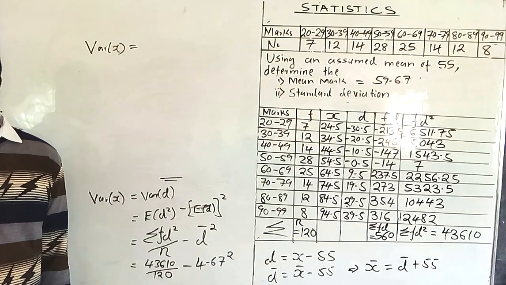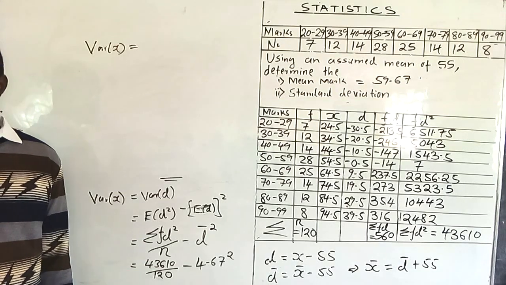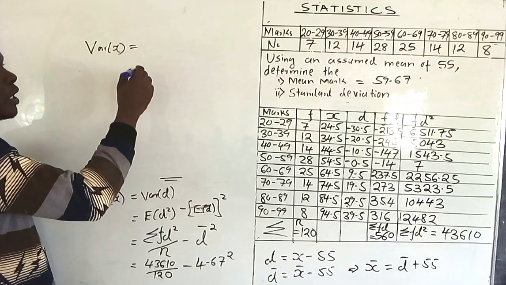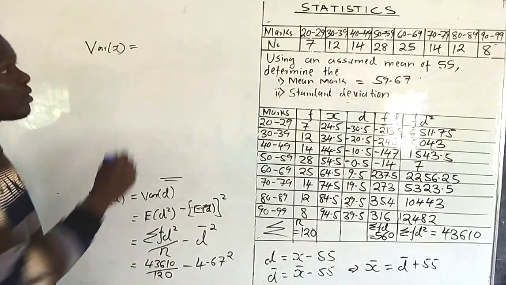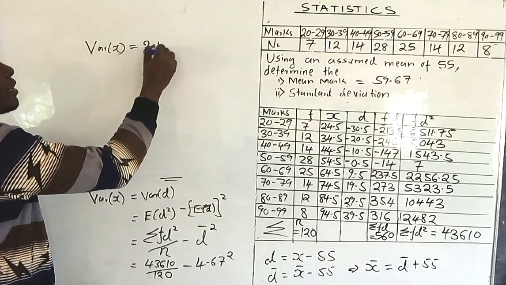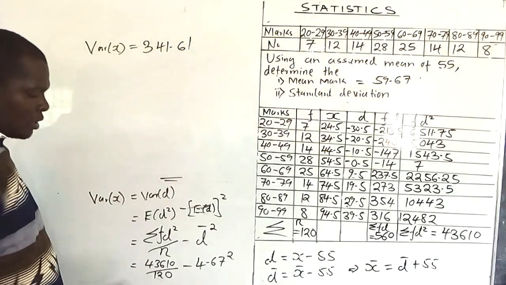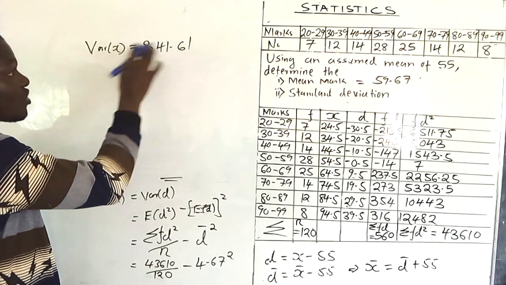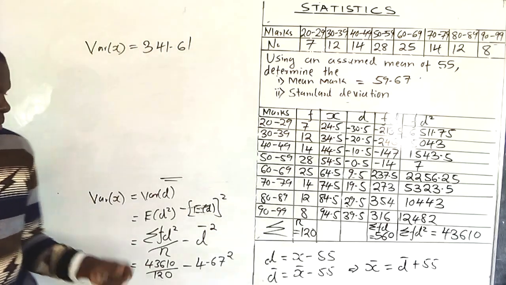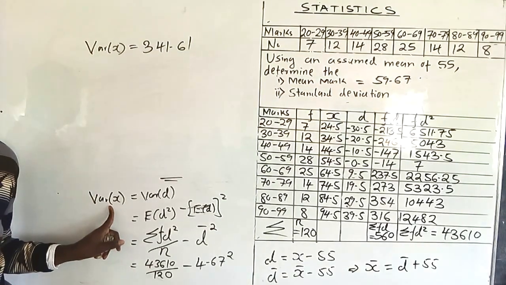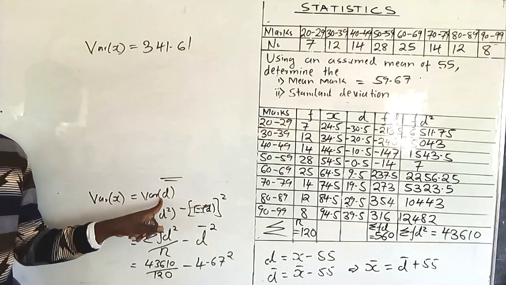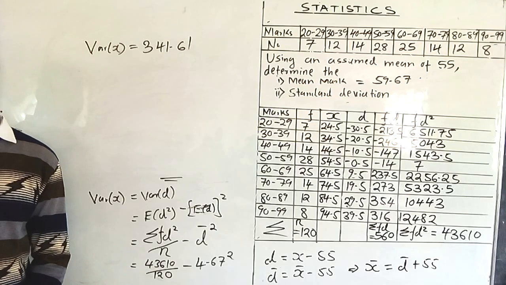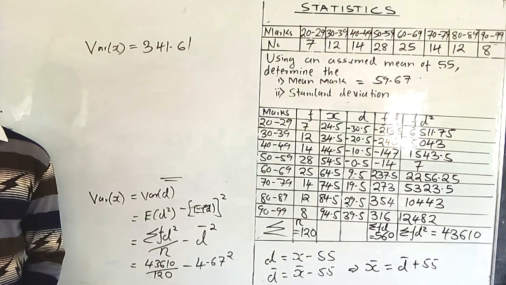We have the variance of x to be 341.61. Remember we started from the variance of x, and the variance of x was the same as the variance of d, meaning this variance of d we found is the variance of x. Are you getting the idea? Are we together? Yes. Good.